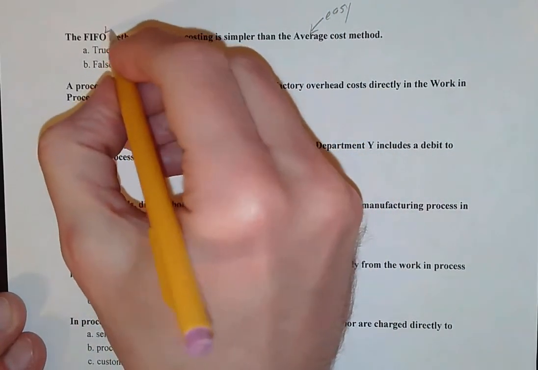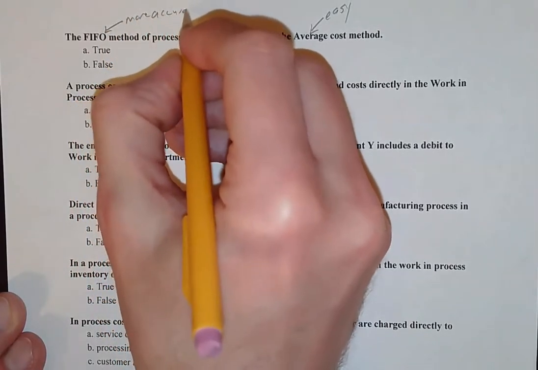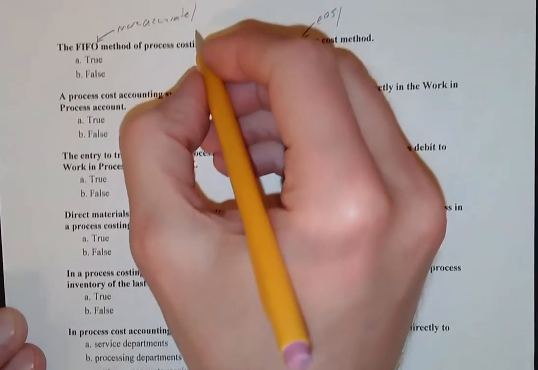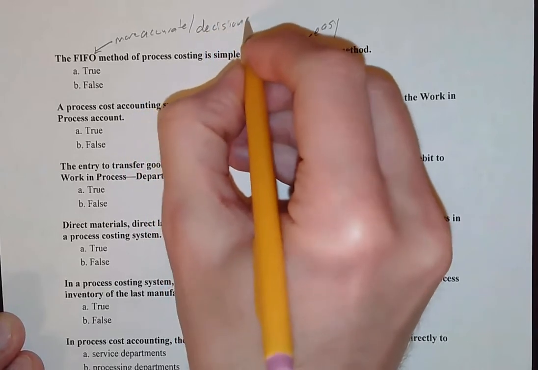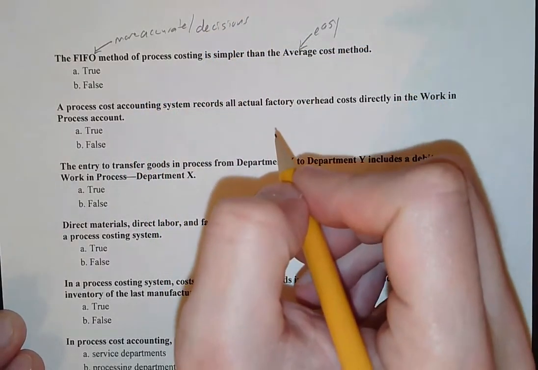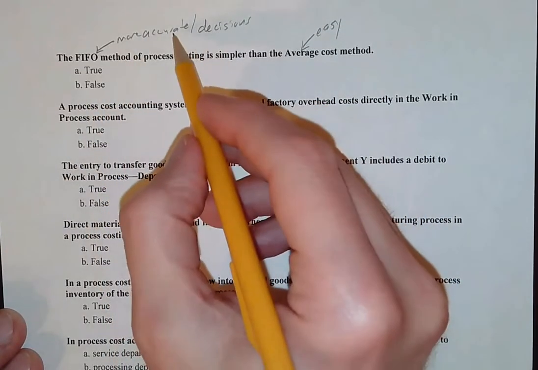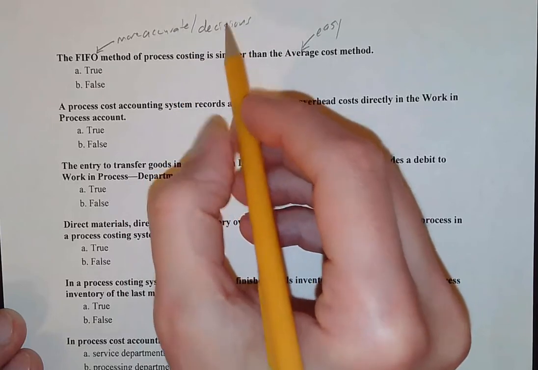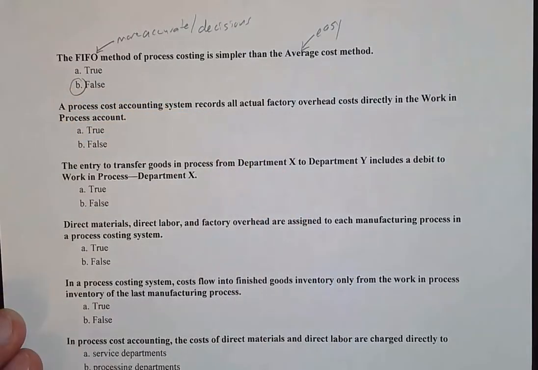FIFO is more accurate. And I'm going to put a little slash here. Better for decisions. Okay. So it is not simpler. It is more complex, but we get out of that increased accuracy and is better for decision making for our managerial accountant. So this is going to end up being a false statement. All right.